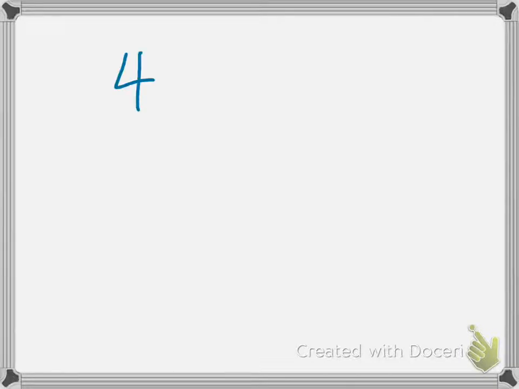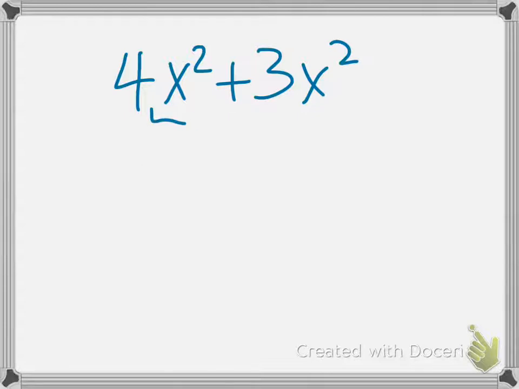Let's say I had a problem like this, and I told you to factor that. How would you do that? Okay, first off, do we understand it's a binomial? What do both terms have in common? Okay, I'm reading your mouths. You say x squared. You see that?